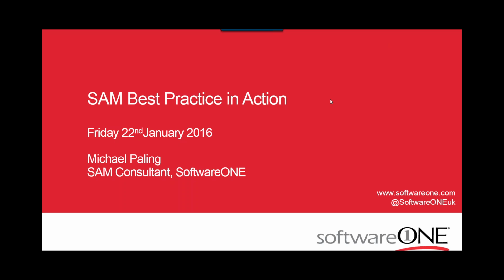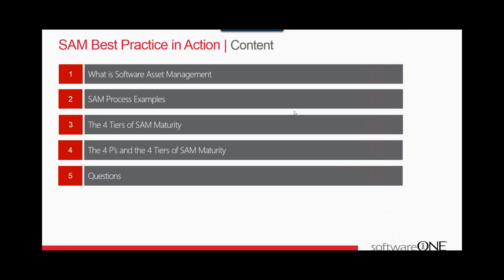Thanks very much, David. So hi guys, today we're going to run through SAM Best Practice in Action. It's going to look at the theory side of software asset management, but also hopefully with some working examples, trying to dig into the areas that we should be focusing on to drive that optimization and really the return on investment.